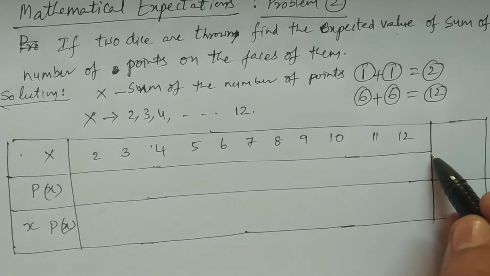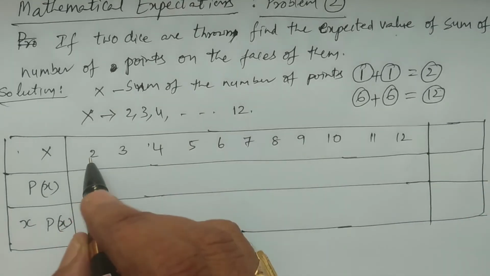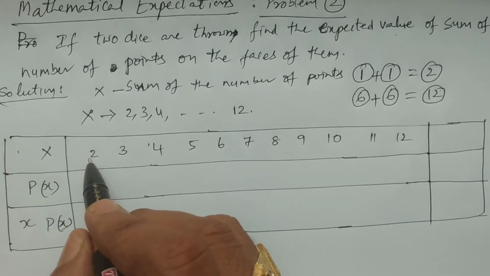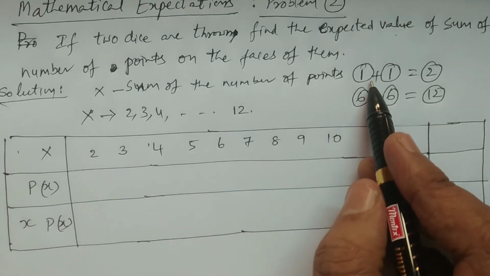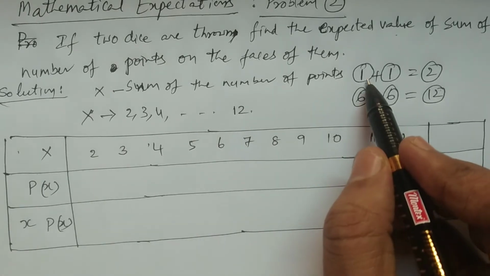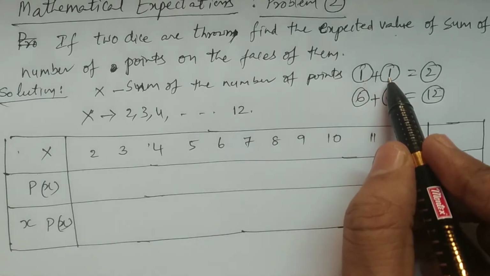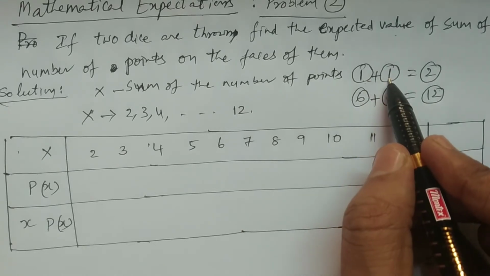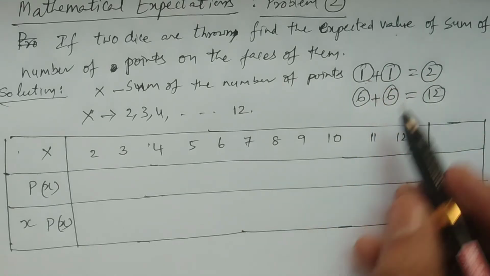If you observe here, this is the sum of the points on the two faces of the dice. If you get a sum of 2, how many possibilities are there? In one particular dice, it may be one, and in the other dice also it is one. Then only this possibility occurs. So only one possibility, 1 comma 1.